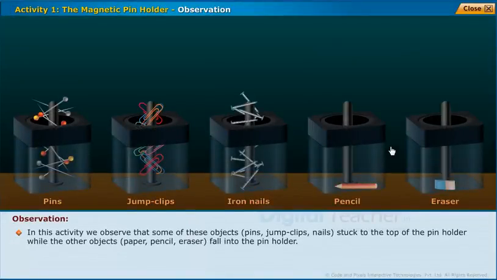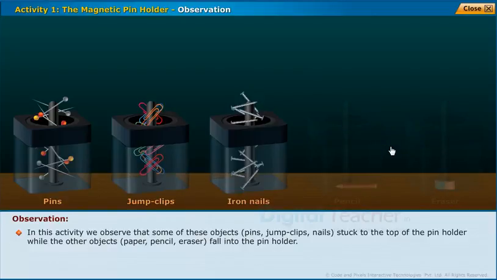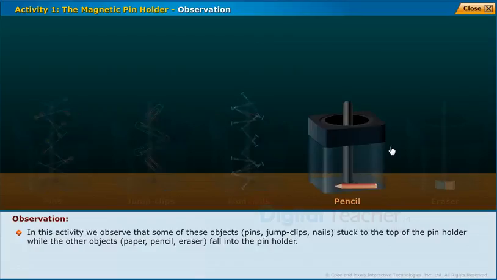In this activity, we observe that some of these objects, like pins, jump clips, and nails, stuck to the top of the pin holder, while the other objects like paper, pencil, and eraser fall into the pin holder.